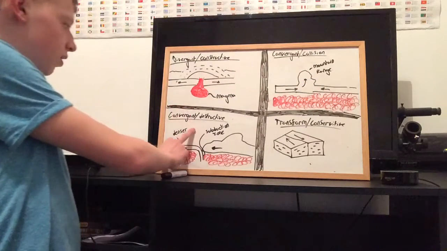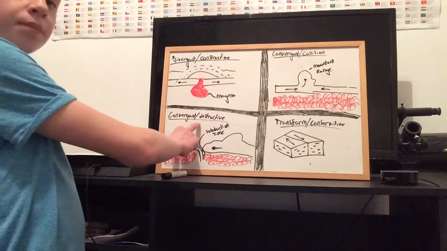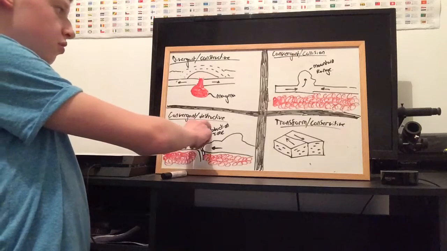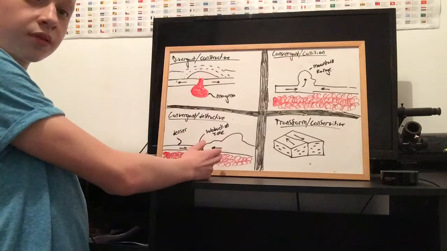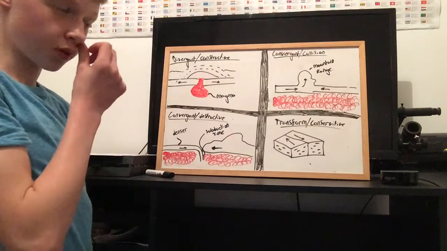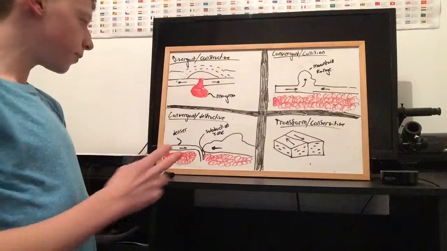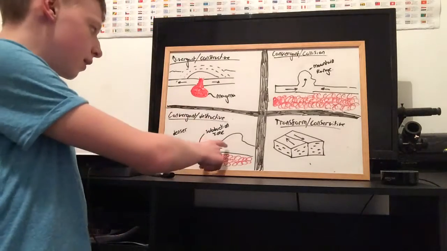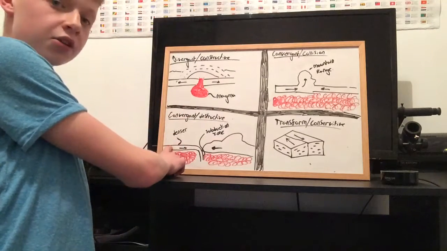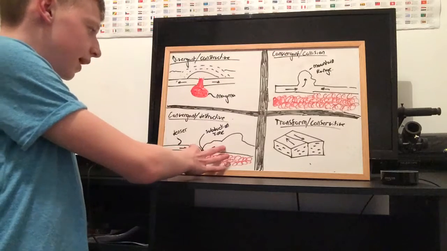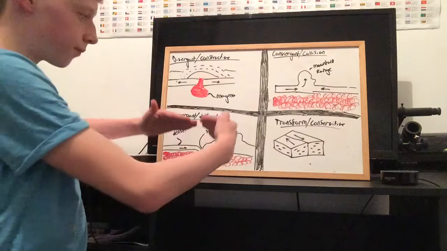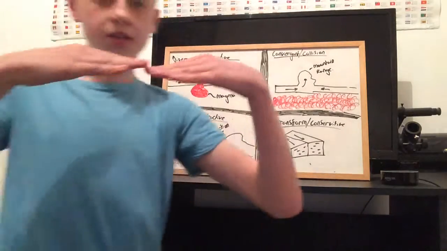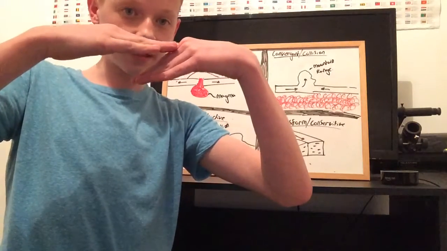Moving down to the second convergent plate margin, also known as a destructive plate boundary, is, well, destructive. It's the most destructive, in my opinion, out of all four. However, that is up for debate. But as you see, the oceanic crust goes head to head with the continental crust. Since the oceanic crust is more dense, it starts to sink.